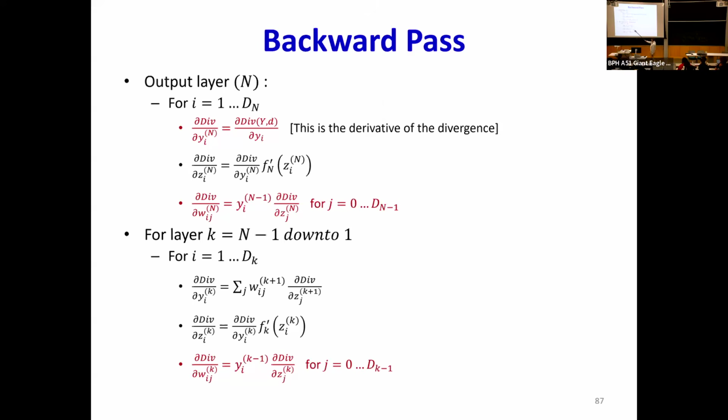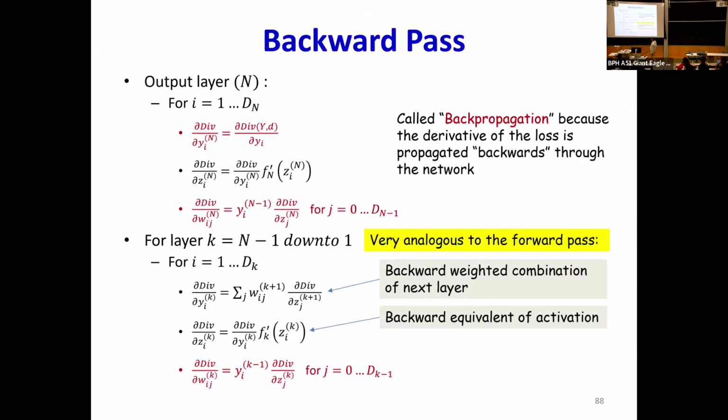And then subsequently, if you look at this, at each point, this looks a whole lot like the forward pass, a backward weighted combination of the derivatives of the next layer, and then taking a step back. This is the backward step equivalent of an activation. Instead of passing it through the activation, you're passing it through the derivative of the activation and multiplying.